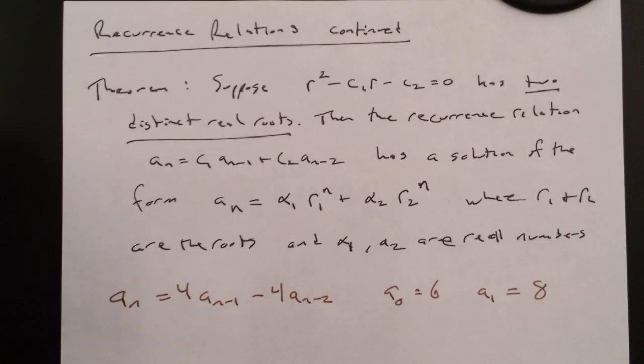Two questions. First, what is the characteristic polynomial for this recurrence? Second, what are the roots of that equation?